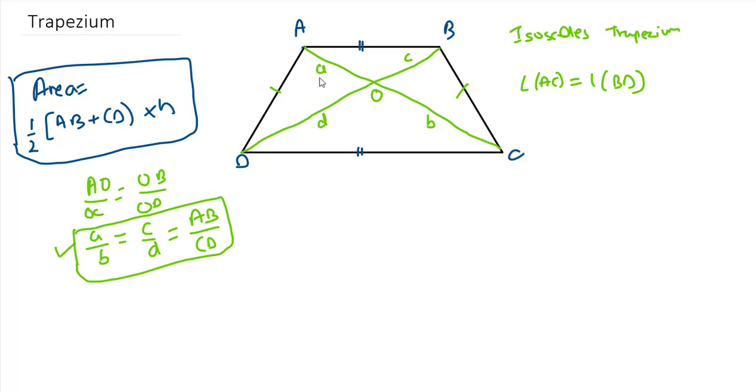Let us now consider the different areas in which the diagonals have divided the trapezium. Let us name these areas. Let's call this A1, this A2, this A3 and A4.